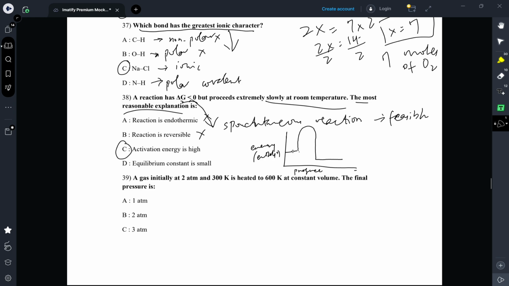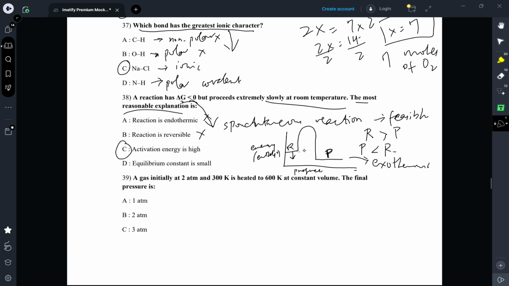On the left hand side we have the reactants and here we have the products. Reactants' energy is more than the products. So products have less energy than reactants, so it means that the reactants have lost energy to the environment, and this kind of reaction is called exothermic.